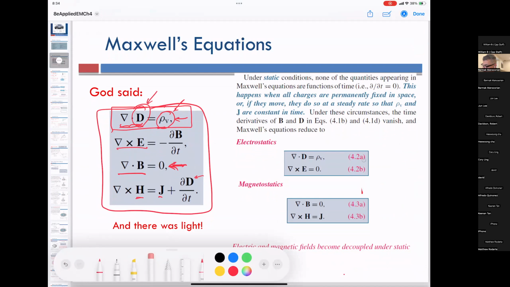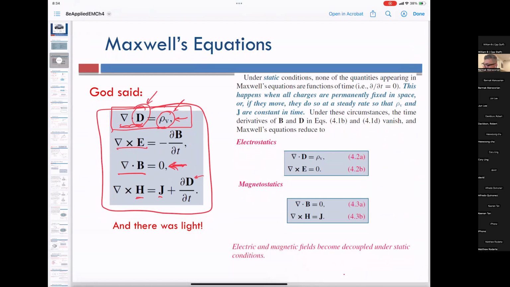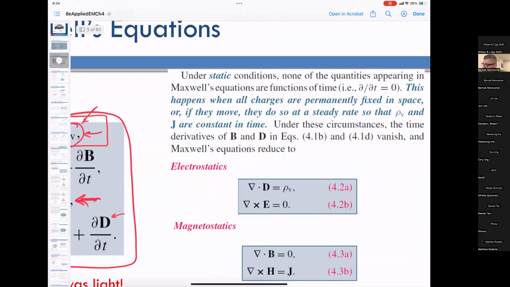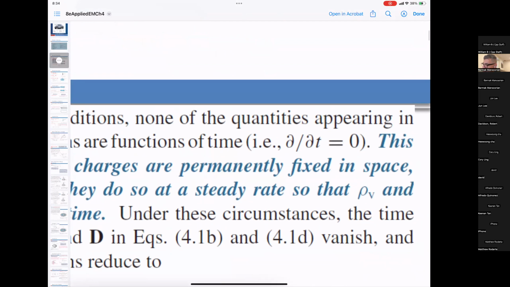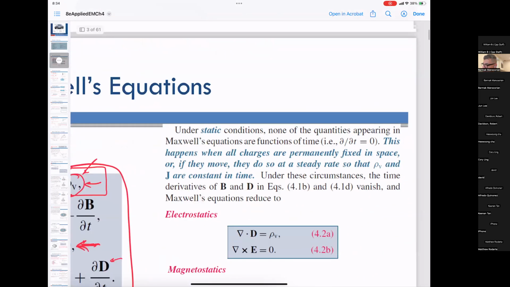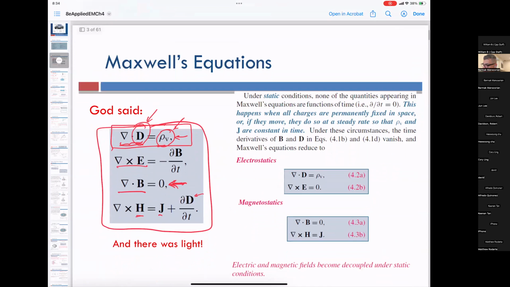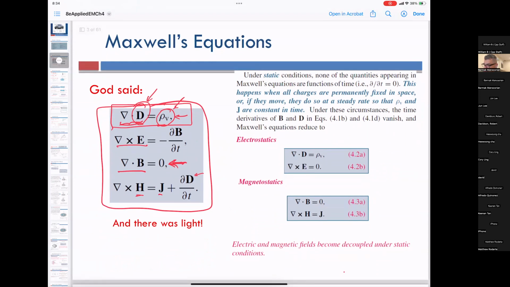So when we're talking about electrostatics, it means our derivative with respect to time is equal to zero. So what we can do is go through Maxwell's equations and set anything that has a derivative with respect to time equal to zero.